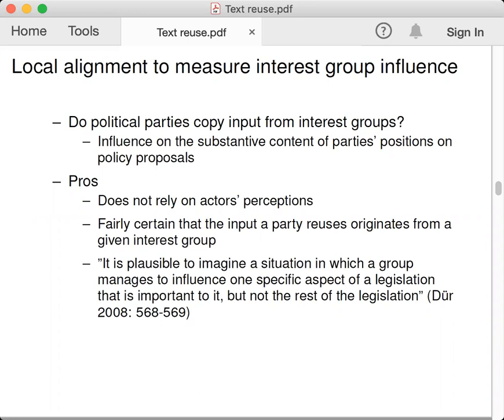So you look at the overall document or position. But as this quote says, it's possible to imagine a scenario where the interest group has influence on one specific part, and that might not be detected the same way. With this local alignment approach, you get a very specific, concrete output.